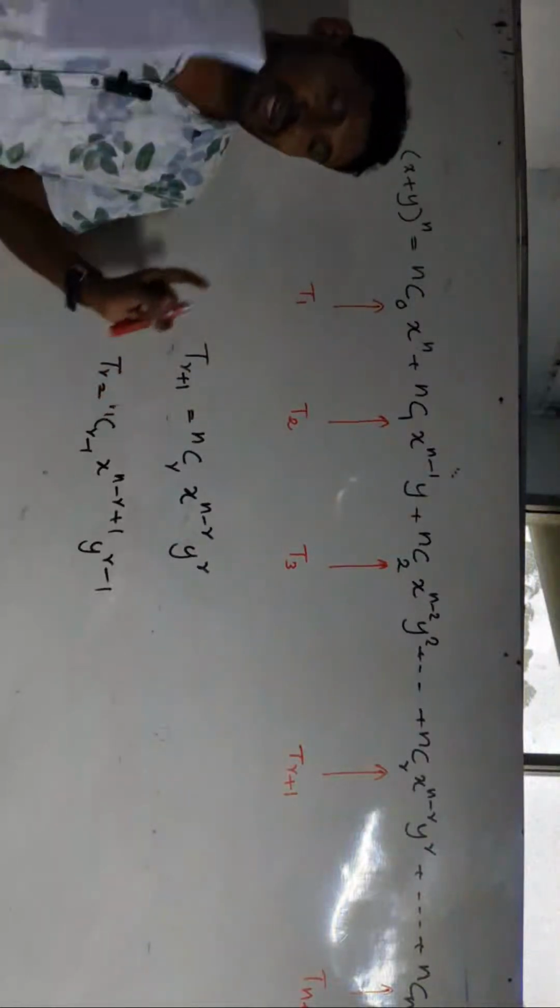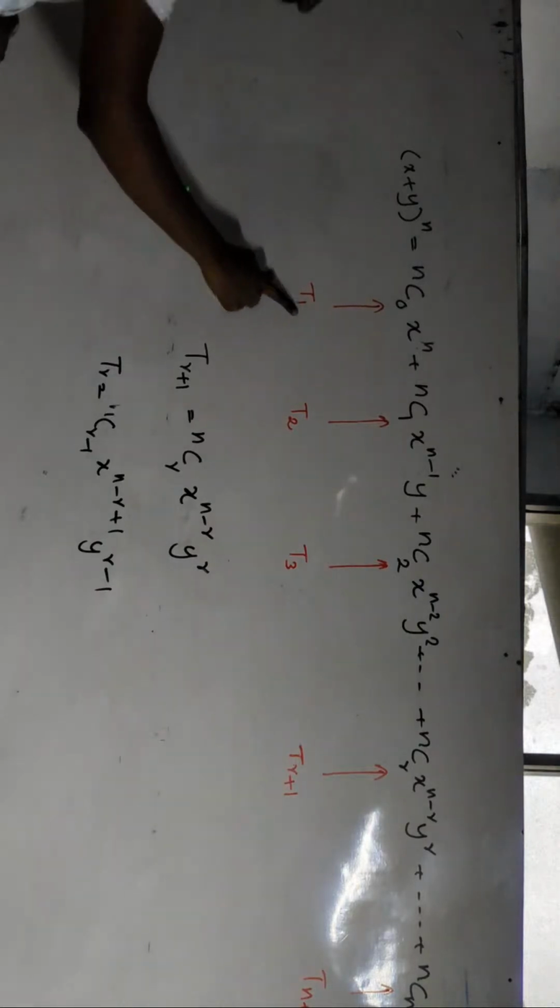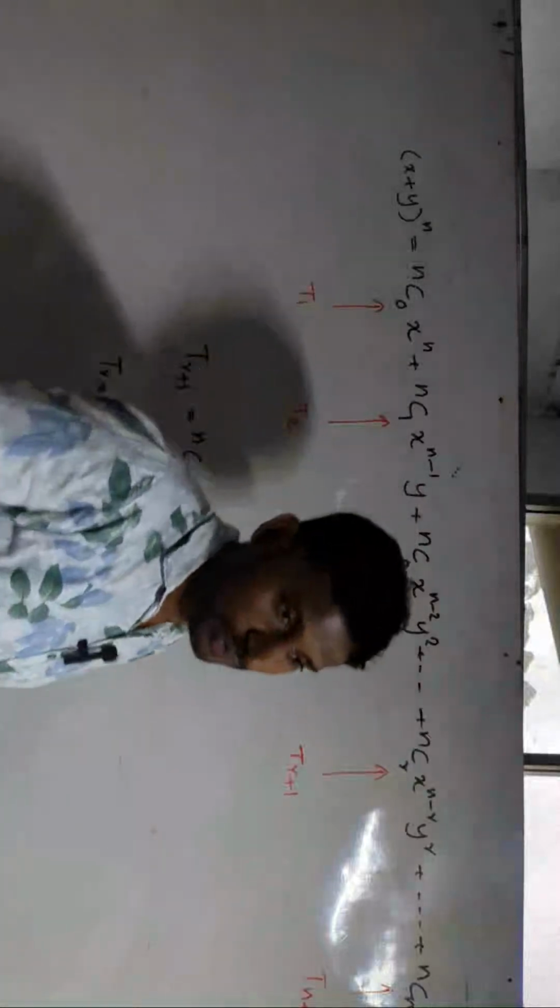Okay, let's write down this one. Write down this one first. Then mark this T1, T2, T3 up to T n plus 1.